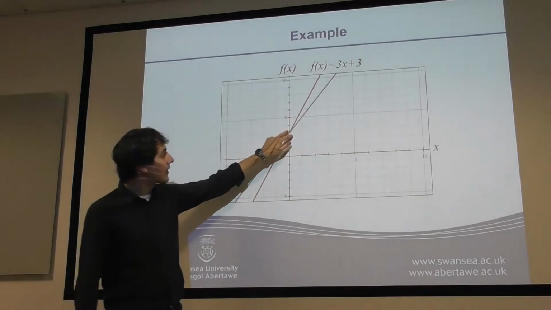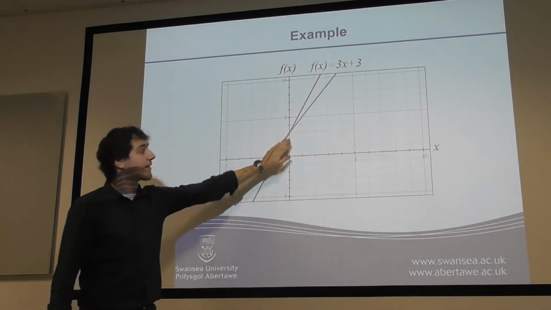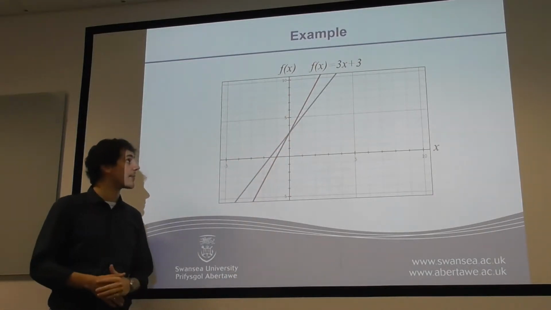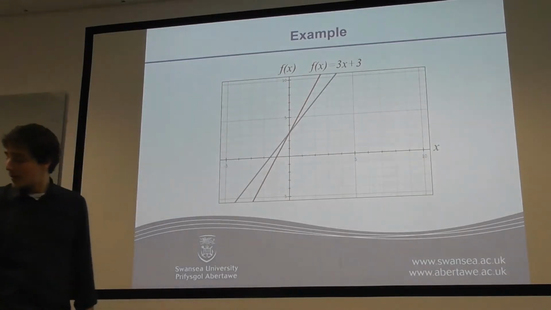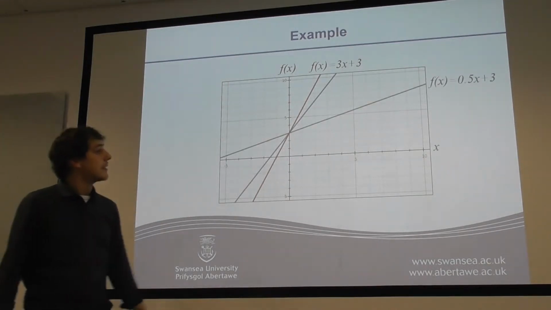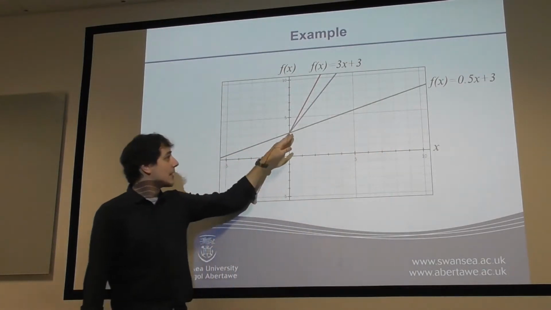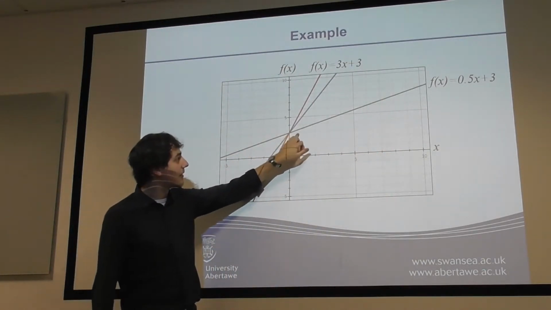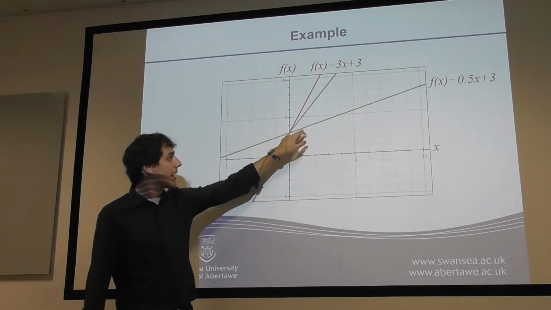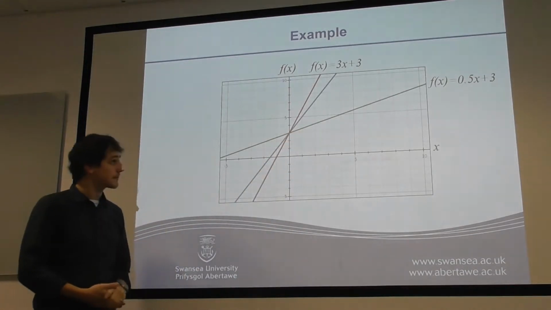You'll notice that it still crosses the y-axis at the same point. The y-axis intercept is still 3. Similarly, if we have 0.5x, we can see that the slope is a lot shallower. So for every increase of 1 in x, we get half an increase in f of x.